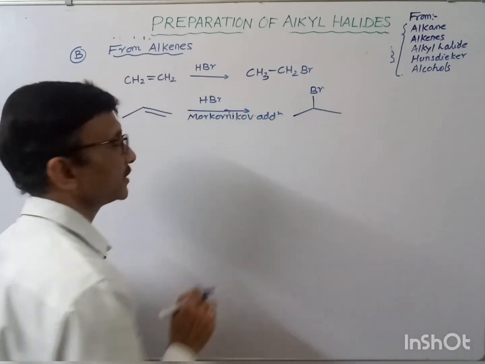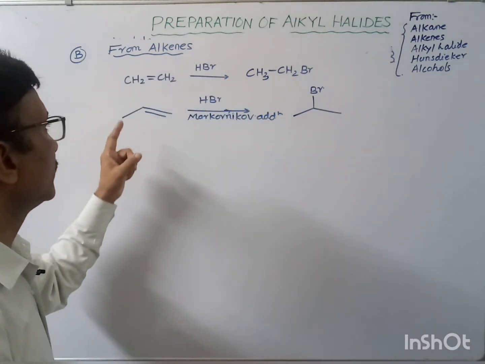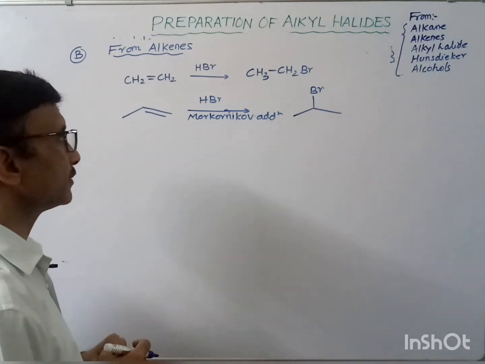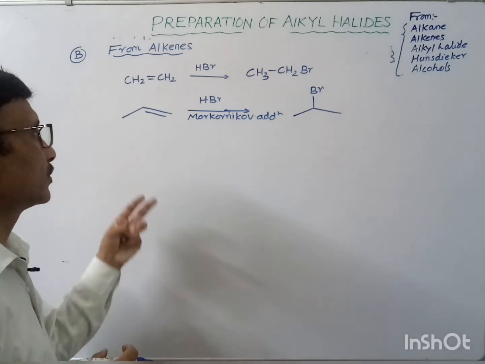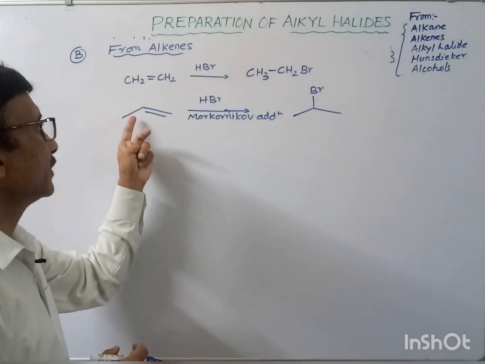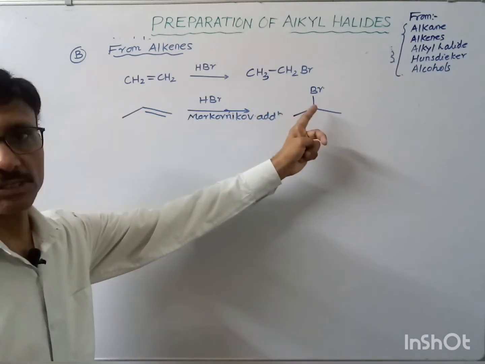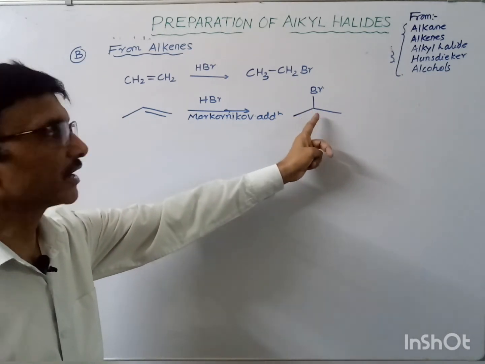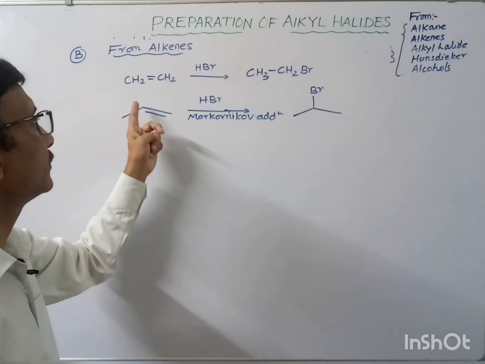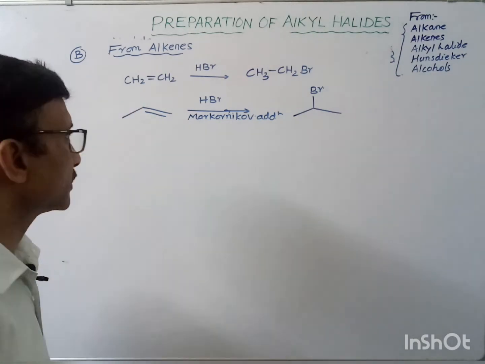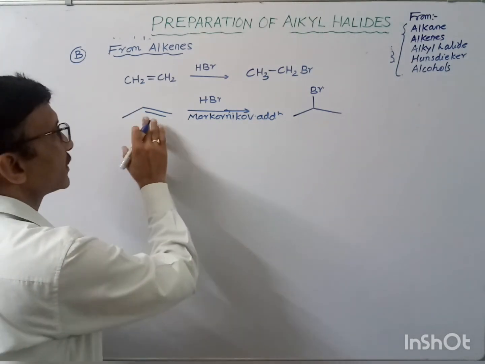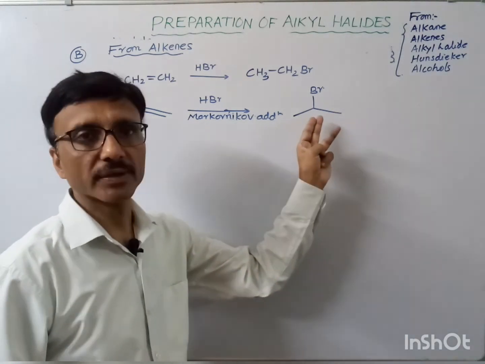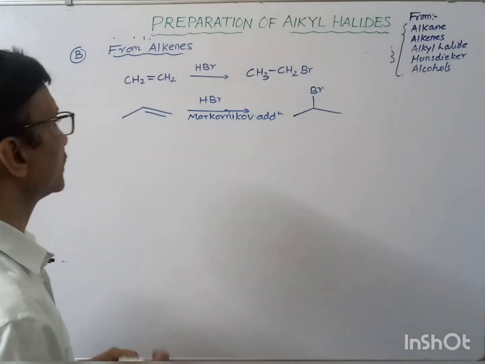The nucleophile, that is bromide ion, will attack the carbon with fewer hydrogen atoms. To understand the mechanism, we get the secondary alkyl bromide because we get the secondary carbocation.